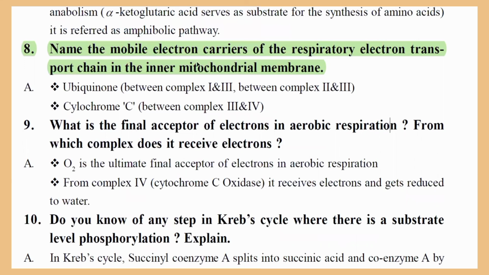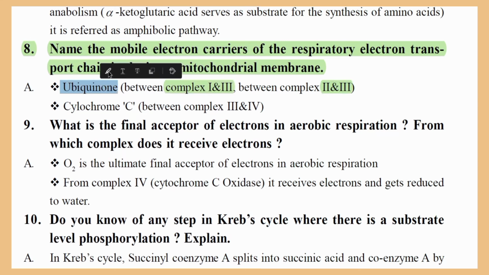So mainly the mobile electron carriers, that is ubiquinone. It is one of the most important electron acceptors, which is present between complex 1 and 3, and between complex 2 and 3.